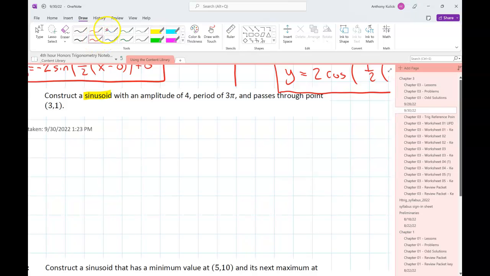So right away, amplitude of 4, what does that give me? Well, it gives me the absolute value of A, right? I don't yet know whether I want -4 or +4. What does the period of 3 pi give me? It'll help me find the absolute value of C, right?